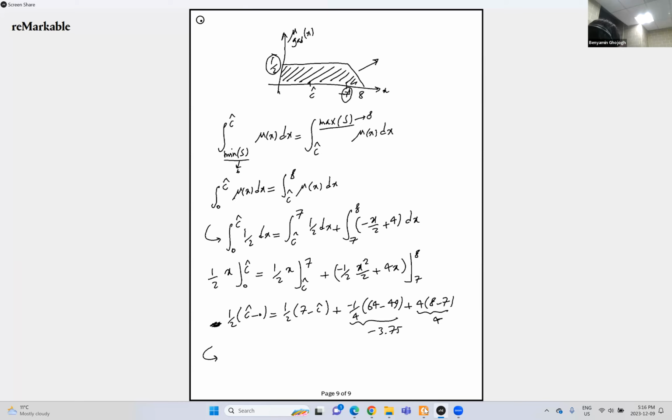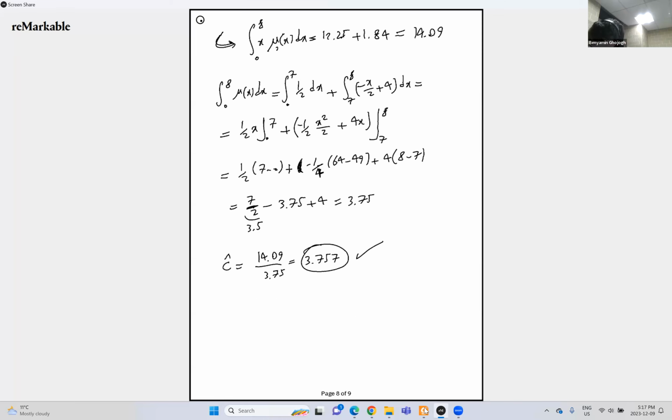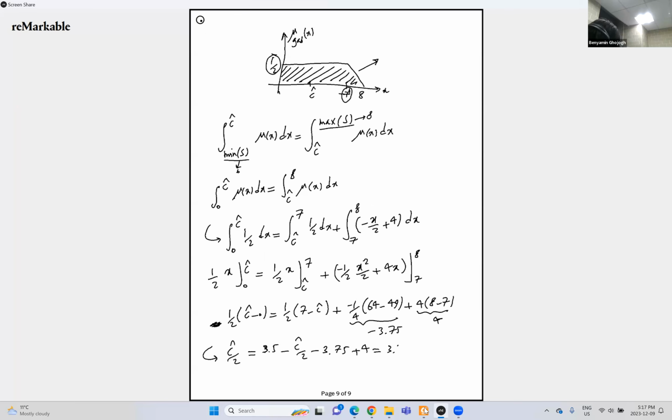So basically it becomes c hat over 2 equals 7 over 2, or 3.5, minus c hat over 2 minus 3.75 plus 4. Let's calculate this: 3.75 minus c hat over 2. As a result, bringing this to the other side, c hat becomes 3.75.